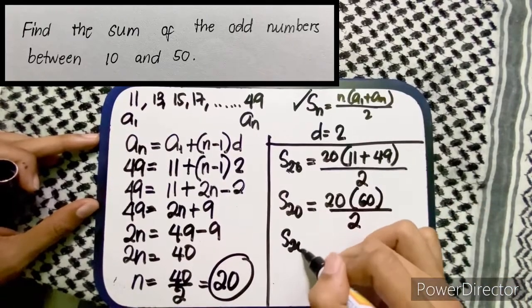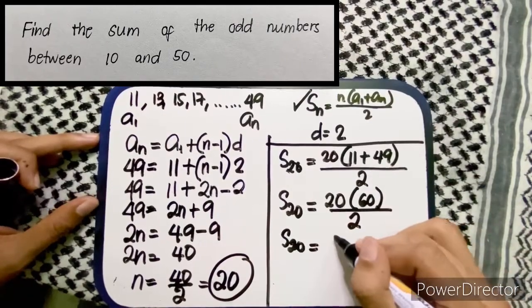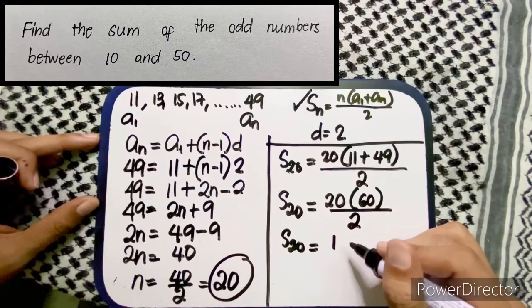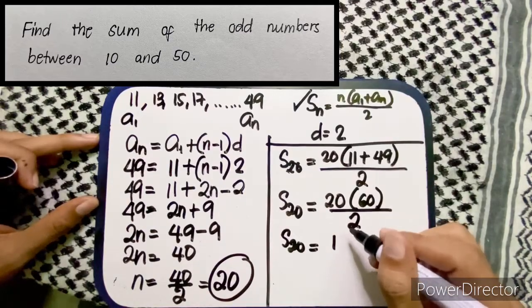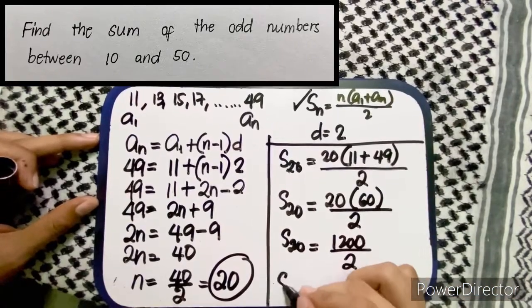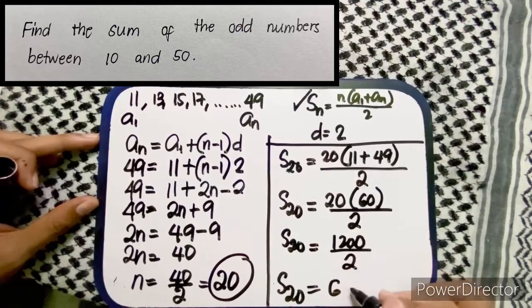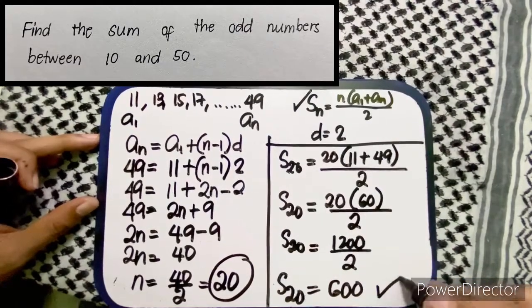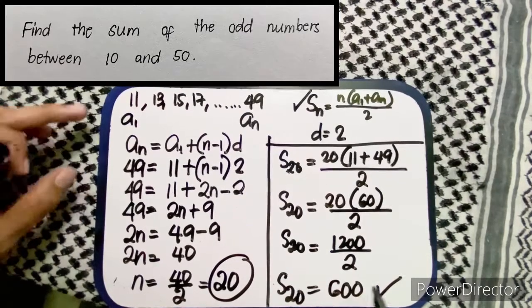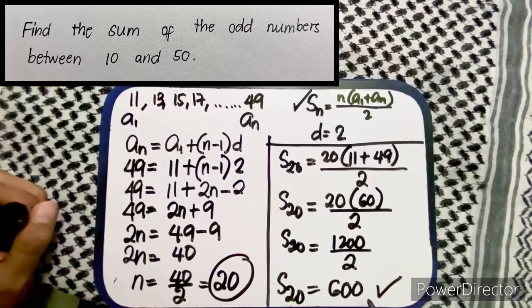So 20 times 60, that is 1,200, then over 2. So s sub 20 is 1,200 over 2, that is 600. So the sum of the 20 terms from 11 to 49 is 600.